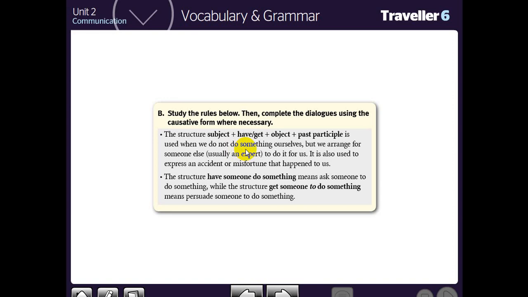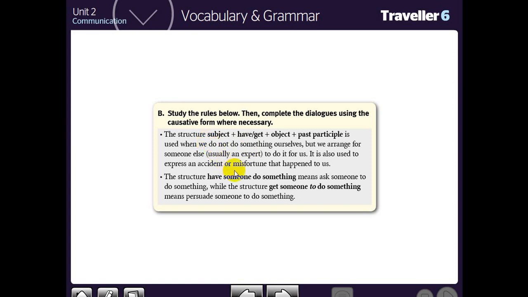So, the causative form is used when we don't do things ourselves. And we use the active or the normal sentence structure in English, which begins with the subject, verb, and an object, when we do the things ourselves.